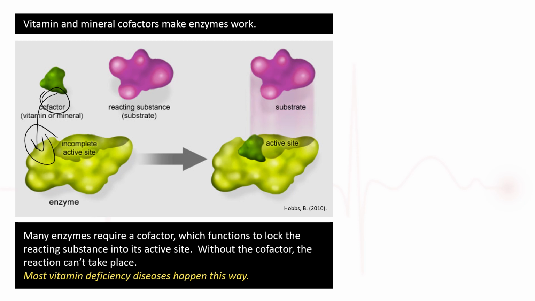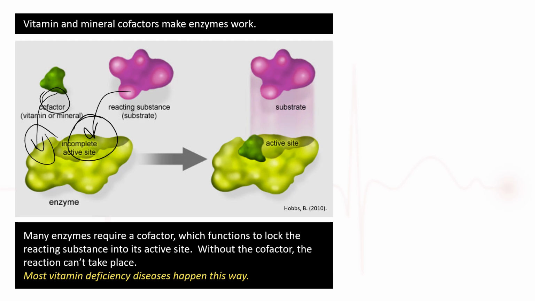And what the cofactor will do to that specific enzyme is, we don't know for sure, but it probably ensures that the shape of that enzyme's active site is correct, or ensures that the active site can actually lock on to the specific reactant or substrate.